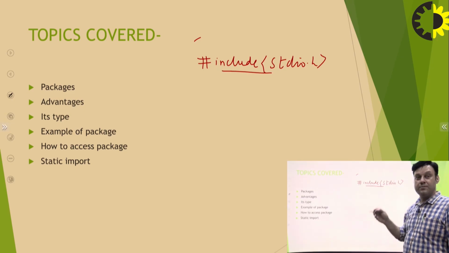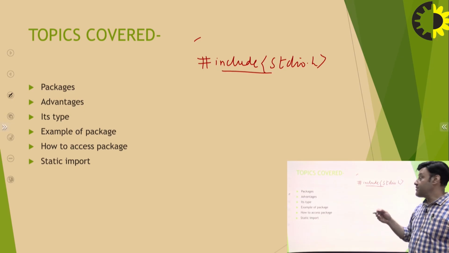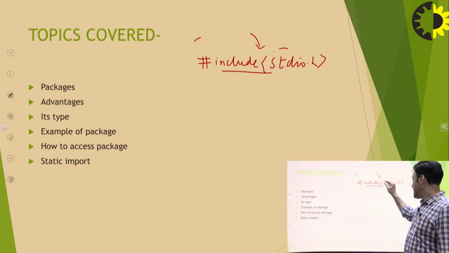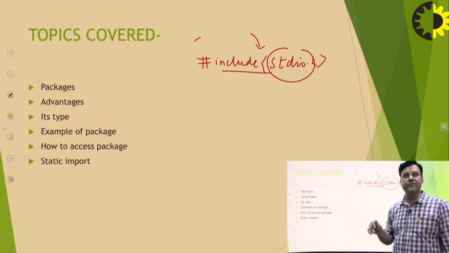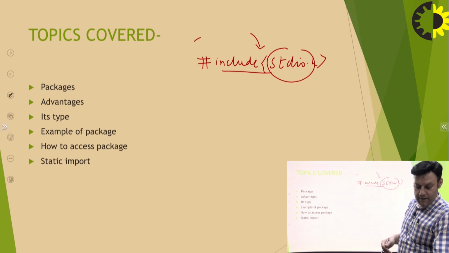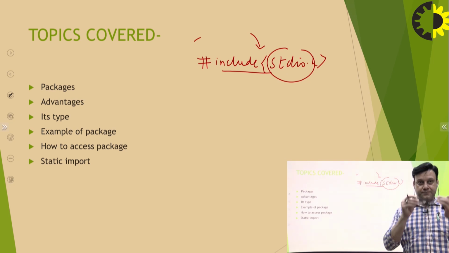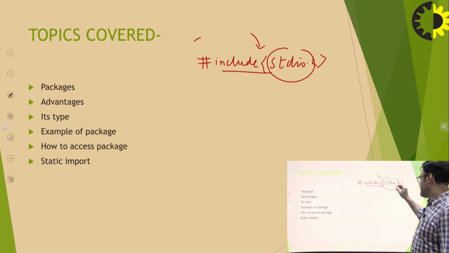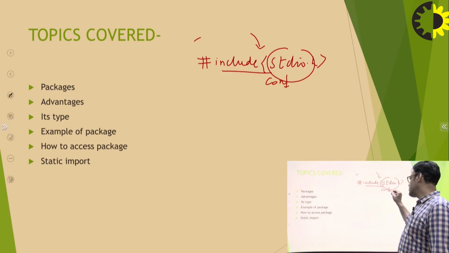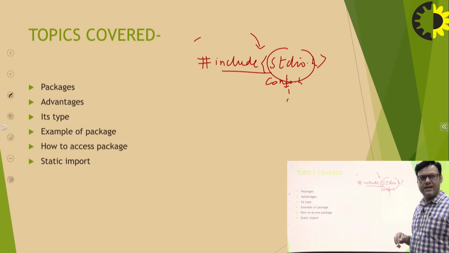What is the purpose of using this header file? We include this header file, and it contains a number of library functions. There are certain more header files you will use there, conio.h and so on, stdlib.h.